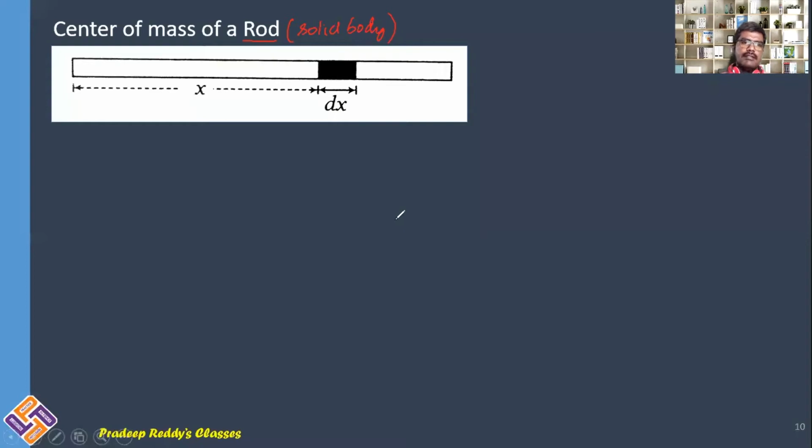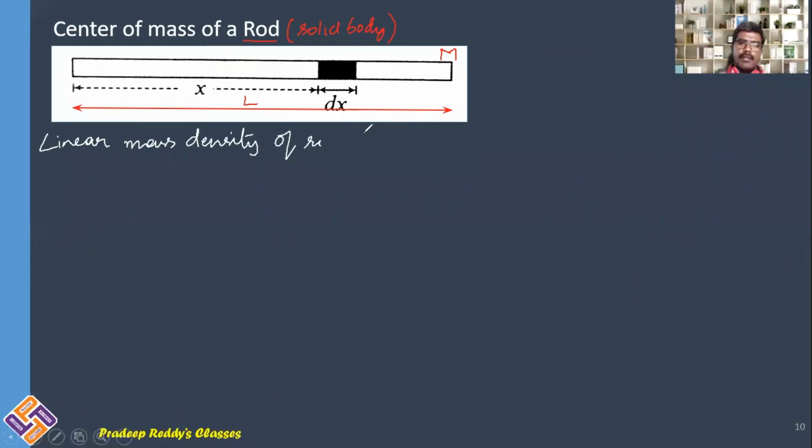So this total length, from here to here, I consider as capital L. And total mass of this rod, I consider as M. Therefore, you can write linear mass density of rod, lambda is equal to capital M divided by L. Take this as equation number 1.